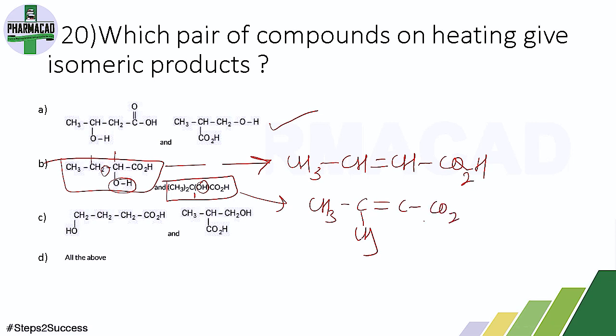So the same molecular formula, meaning the same number of carbon, hydrogen and oxygen, with the only difference in structure. It means this pair has the isomeric product.